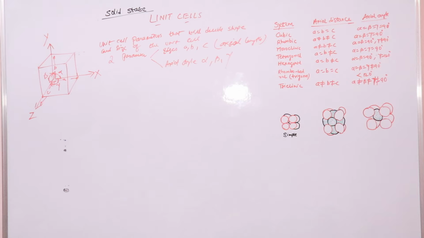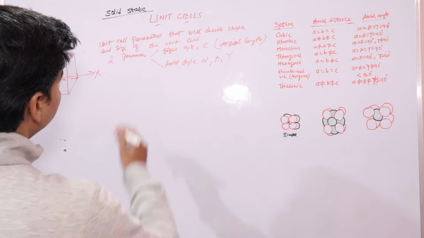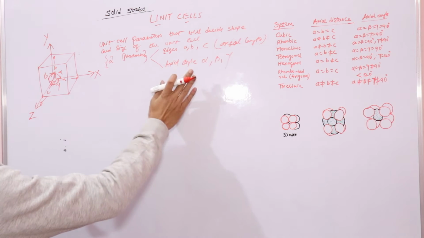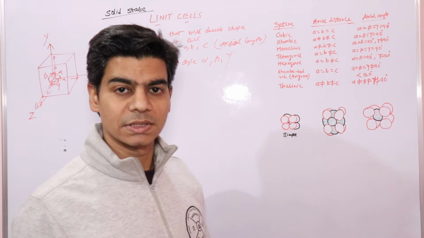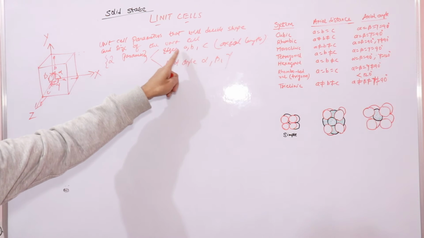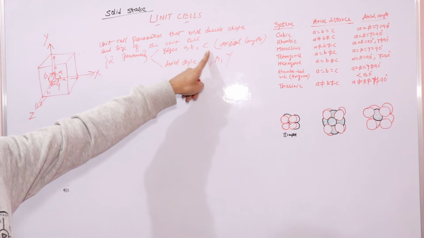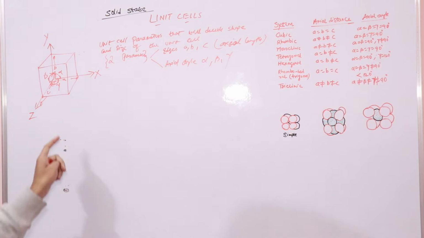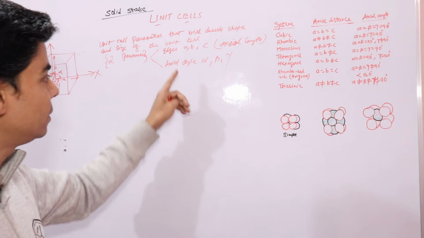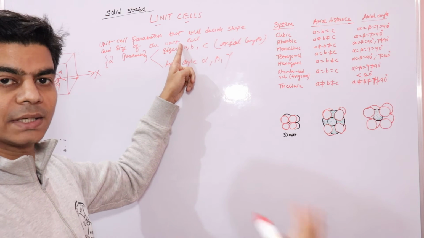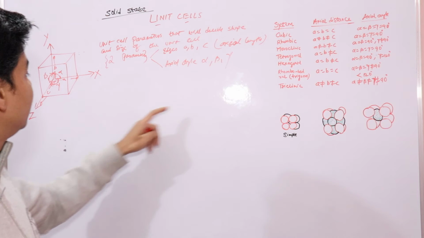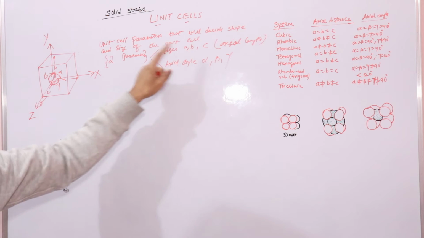So this is important. These are the two parameters to remember that will decide the shape and size of any unit cell. These are the axial lengths, the lengths along the x-axis, y-axis and z-axis, because a crystal is three-dimensional, so we need to measure its length along all three axes. And the axial angles are the angles that these axial lengths make with each other.